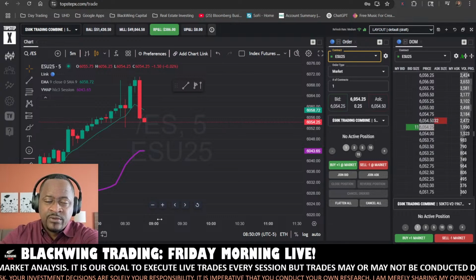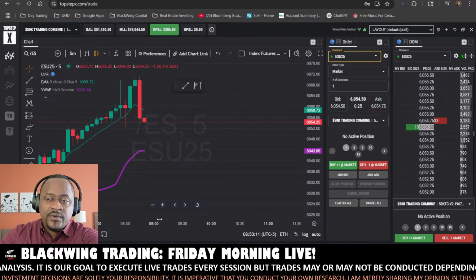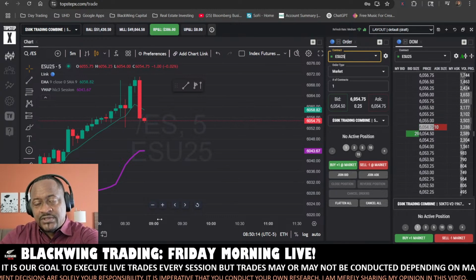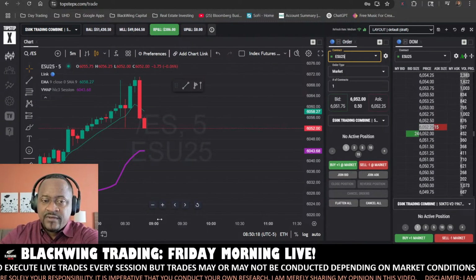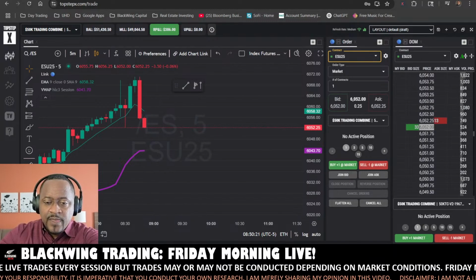It's going to continue the momentum up. And so a good trade idea would be to wait until it bounces, get a confirmation at a key level, and then go in.